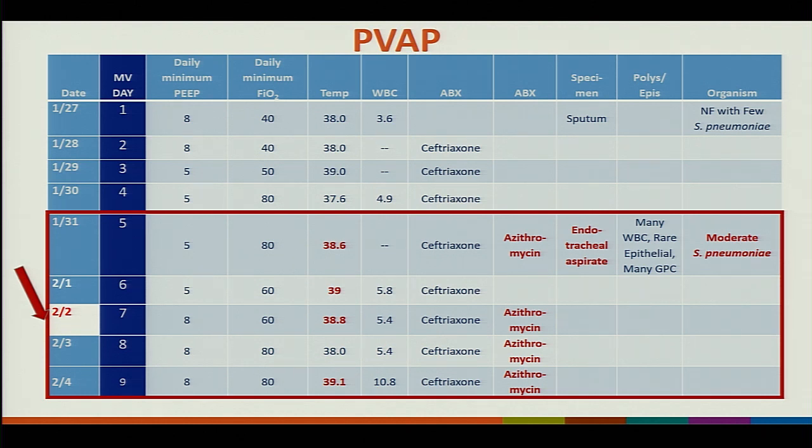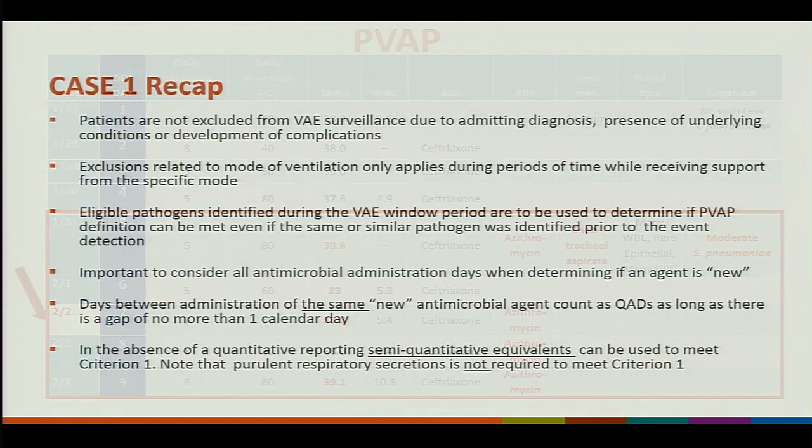The thought process behind that is, if a patient is admitted, they can very easily be colonized with an organism if a sputum or a specimen is collected, and then later, after being ventilated or after being hospitalized, that colonization then leads to infection. So we don't want to miss identifying a PVAP if that scenario should happen.